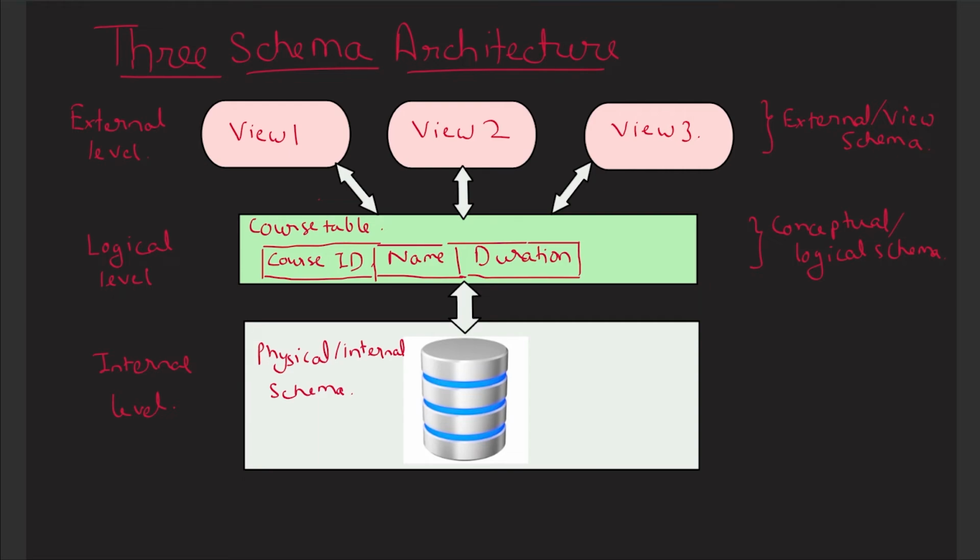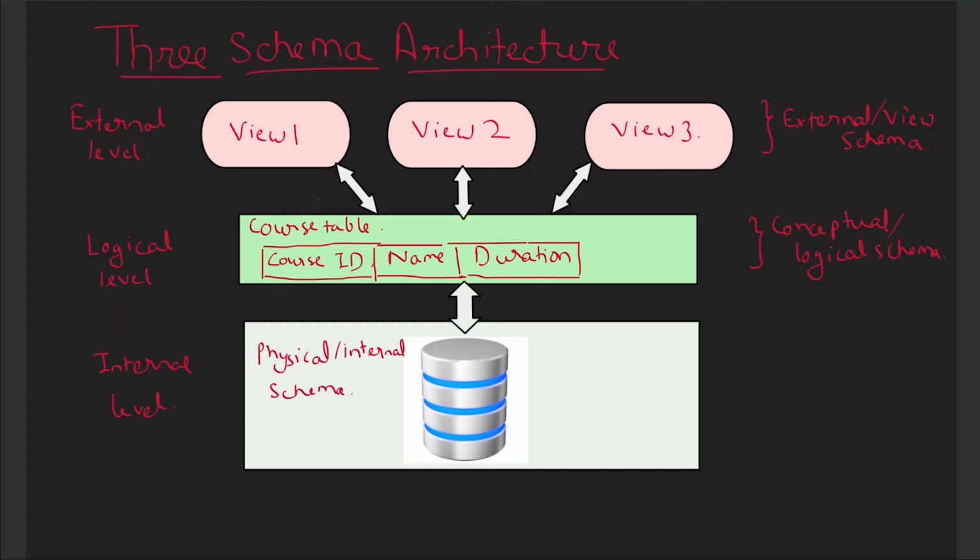Also, the second main objective of this architecture is separating the users from the database. Here, the user will not worry about the physical implementation and internal workings of the database. Any information about the physical storage will not be directly accessible to the user.